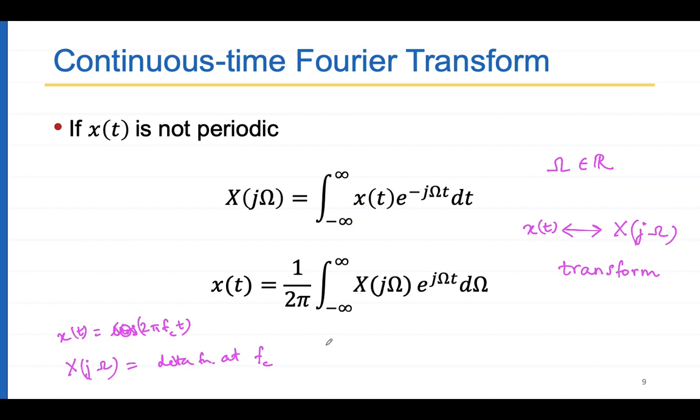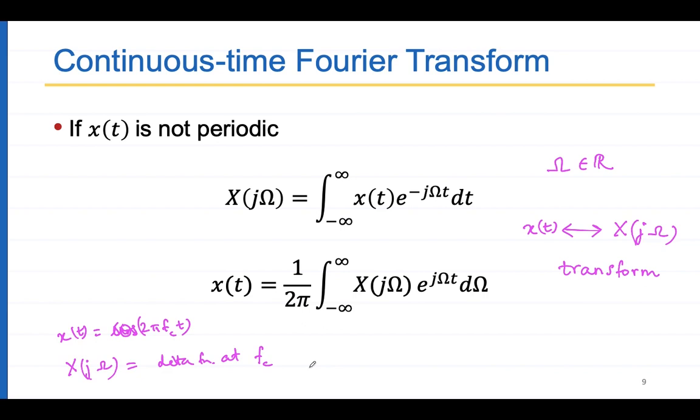You can see the exact form, but that is not important. My motivation is to tell you that this transform is very useful because it is based on sinusoids, and as you can see here, a sinusoid signal will be a delta function in the transform domain, or the Fourier domain.